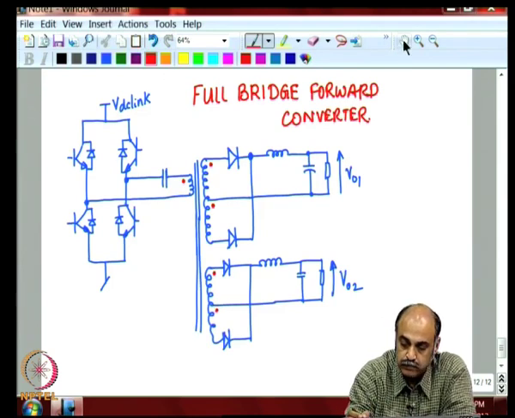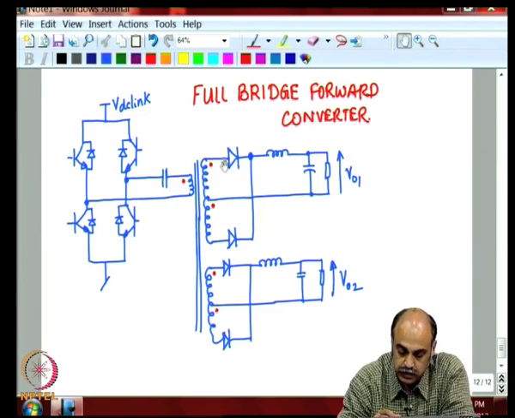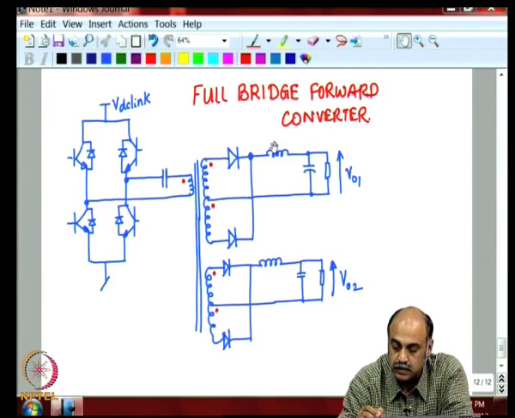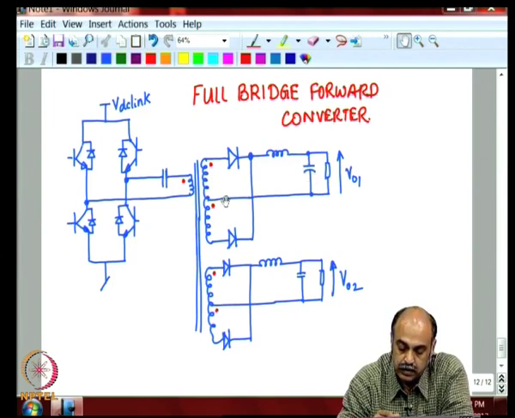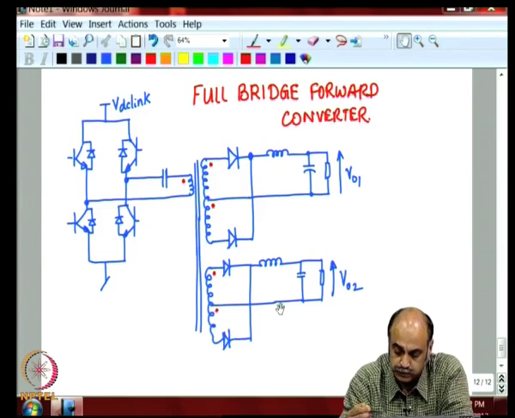And the next, you would of course need to rate these diodes, which need to handle the currents which are flowing through the inductor and the load. You need to design the inductor, you need to design the capacitance, and for each of the outputs. And then of course, you need to design the transformer.